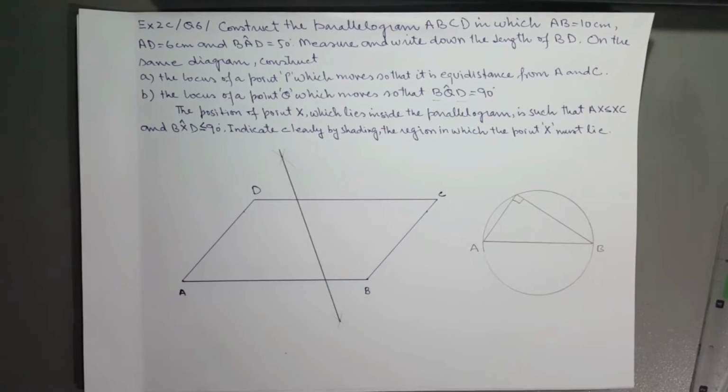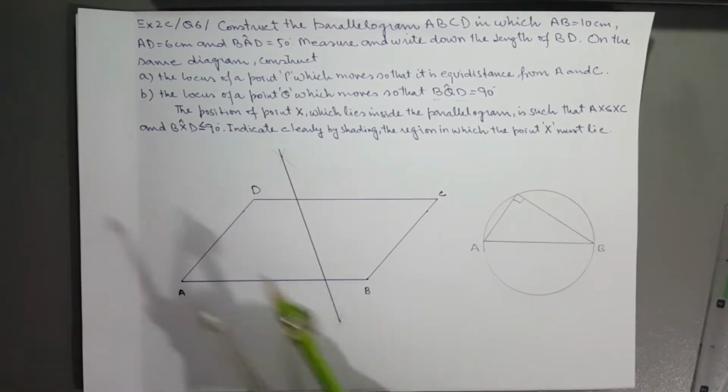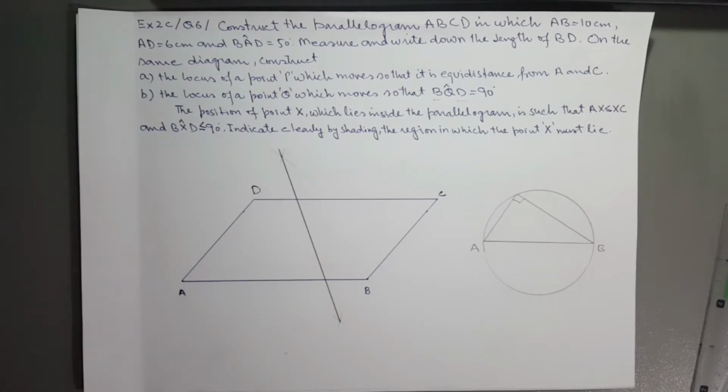Now B and D are the fixed points. We will draw a circle in which BD is the diameter. Now this one is BD. We will find out the midpoint of BD.